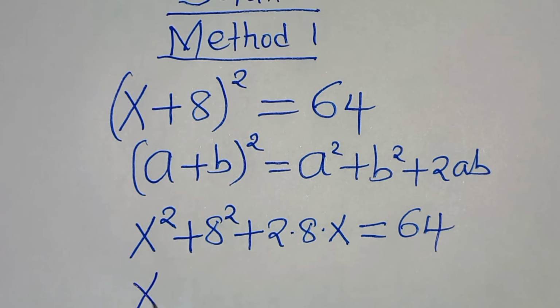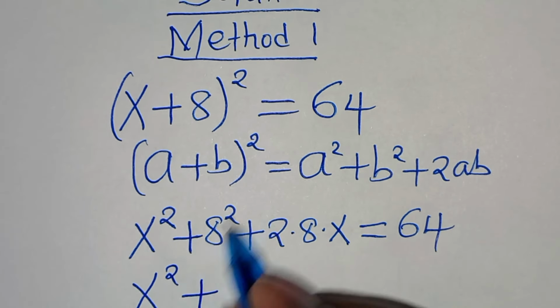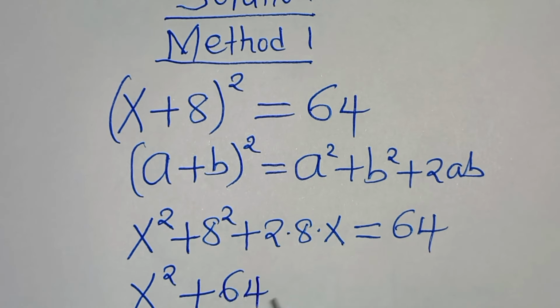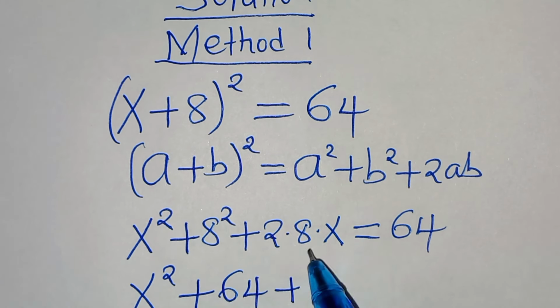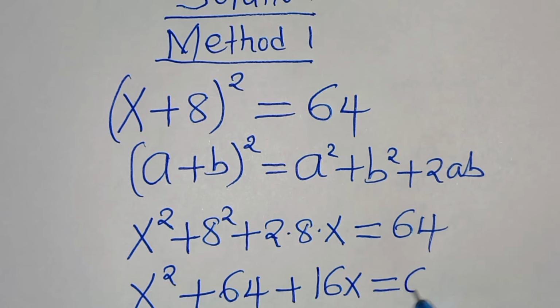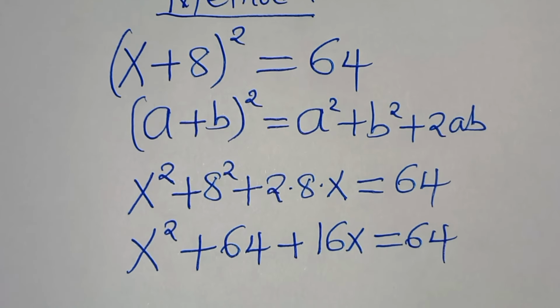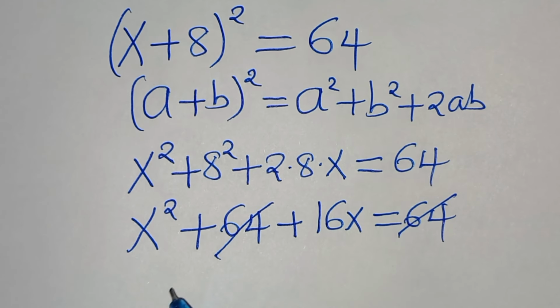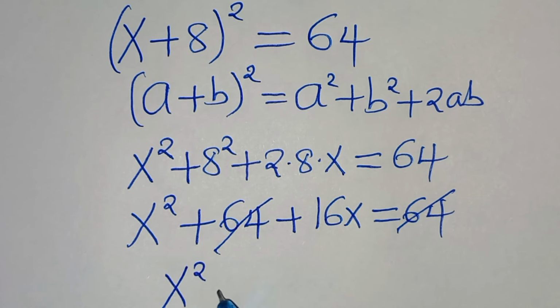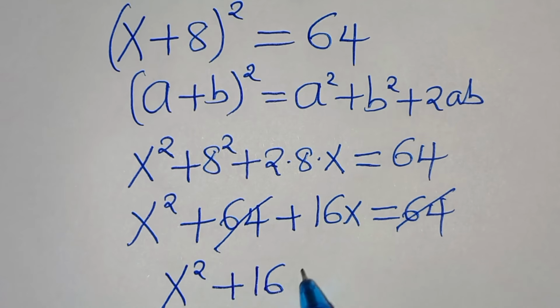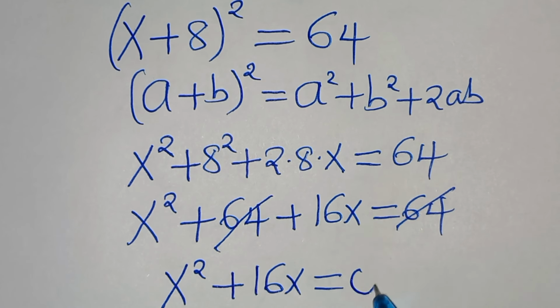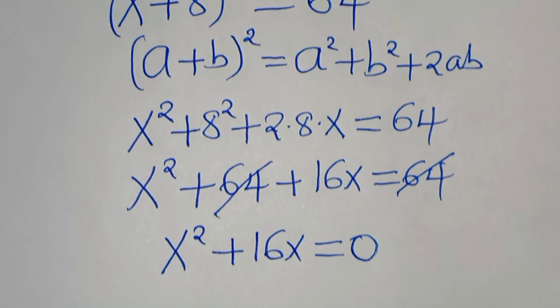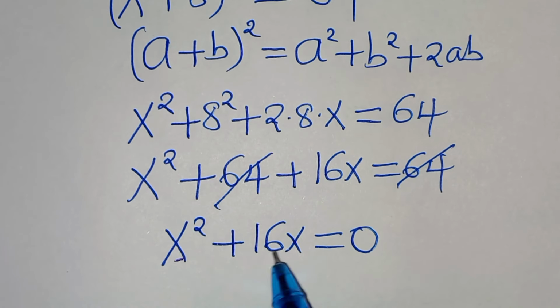So this is x^2 plus 8 squared, which is 64, plus 2 times 8x, this is 16x, equal to 64. So let's simplify here. 64 and 64 cancel, so that we have x^2 + 16x equal to 0. Now, we have that x is common here.